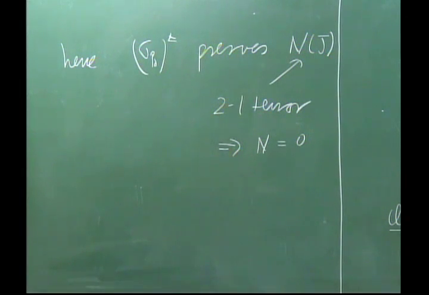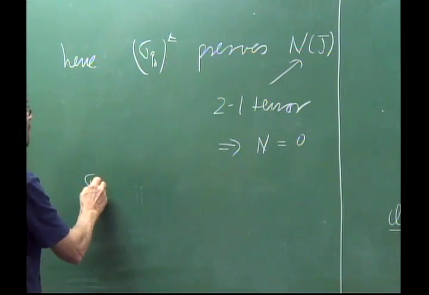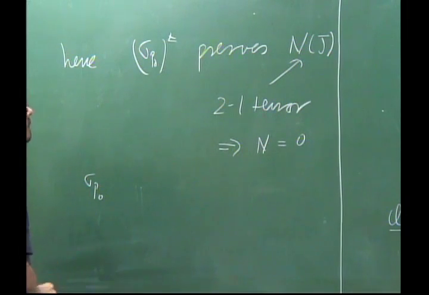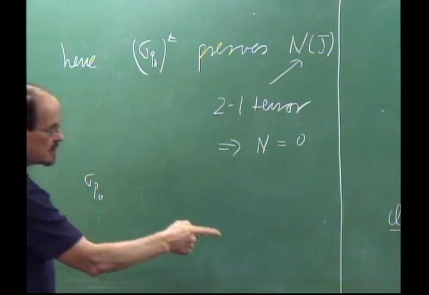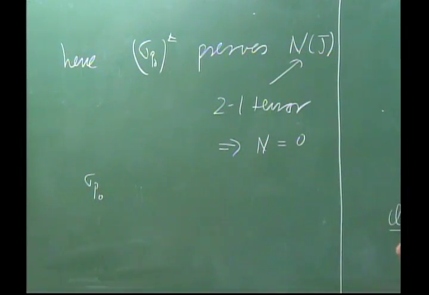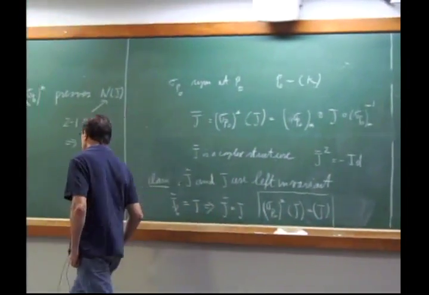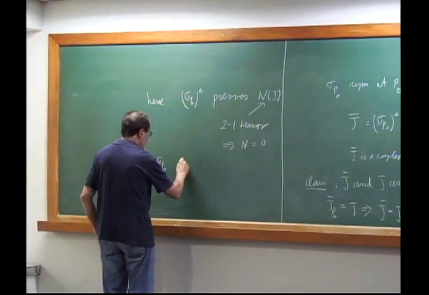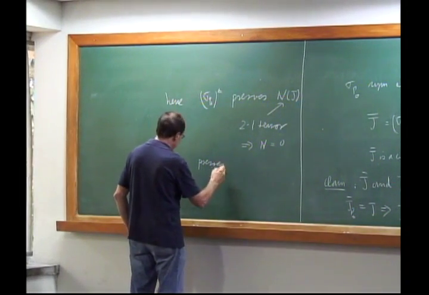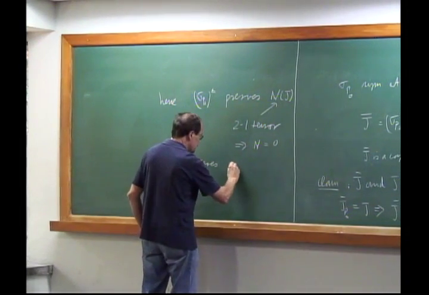Again, odd tensors vanish if they're invariant under the symmetry. Or another way to see it would be to say, sigma P naught, because it preserves the complex structure here, sigma P naught also preserves omega.